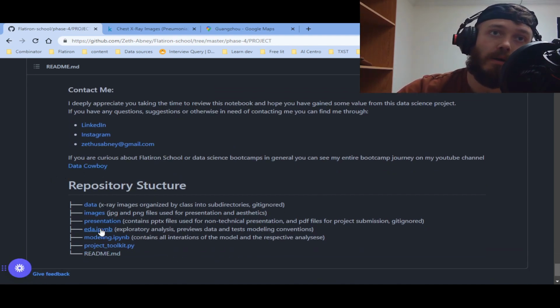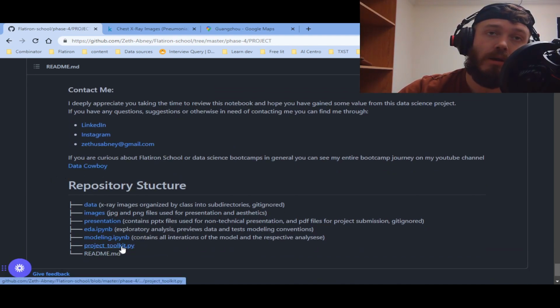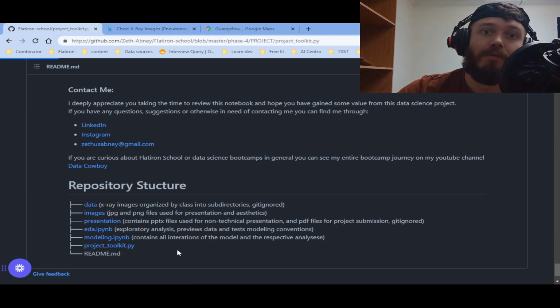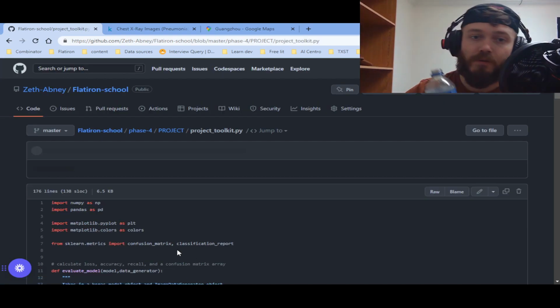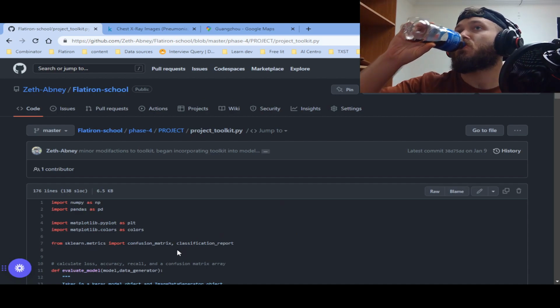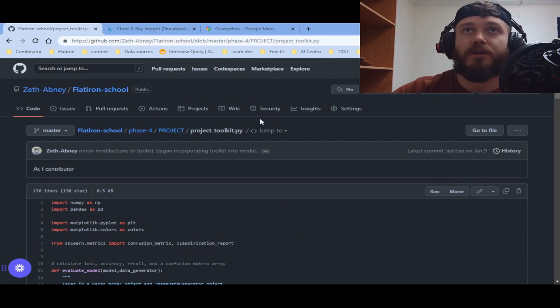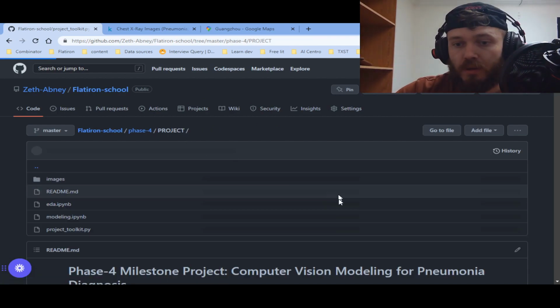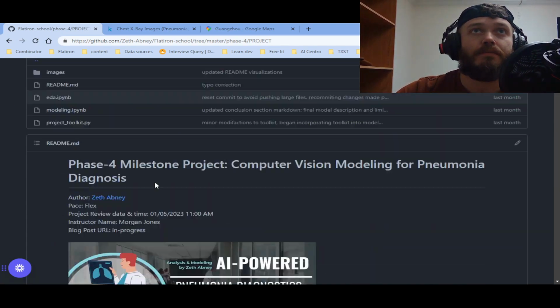Yeah. So we've got our EDA and our modeling notebook, and a cool thing that I did for this project, for the sake of efficiency. Actually, let me start from the beginning here.